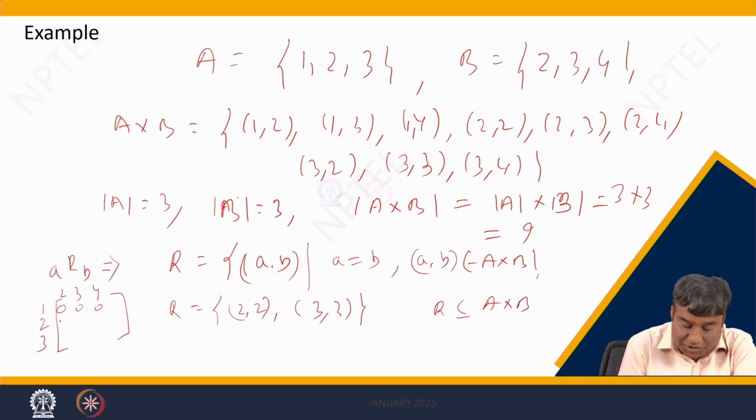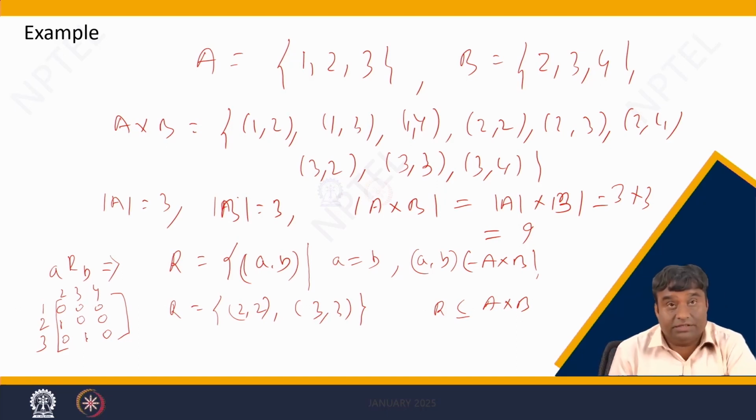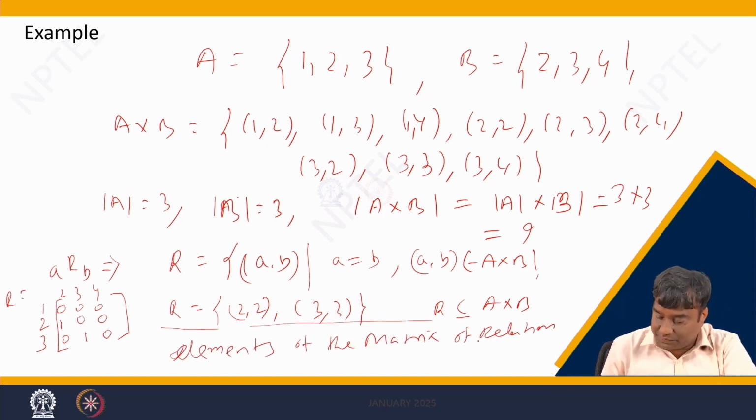In the relation (2,2) is present, so it is 1. (2,3) is not present, so it is 0. (2,4) is not present, so it is also 0. (3,2) is also not present, so it is 0. (3,3) is present, so it is 1. (3,4) is not present, so it is 0. So what I want to say is, in the crisp relation, entries are either 1 or 0. So elements of the matrix of the relation are either 0 or 1.